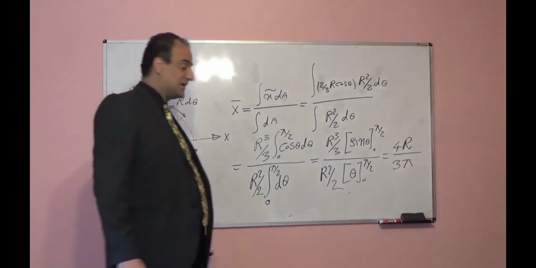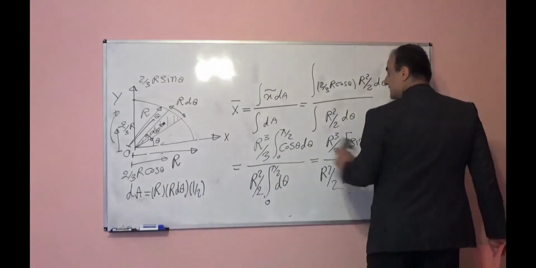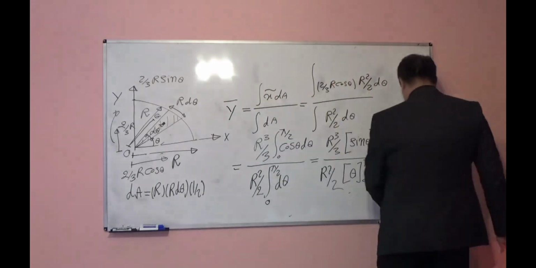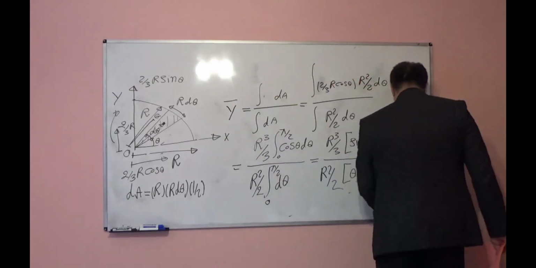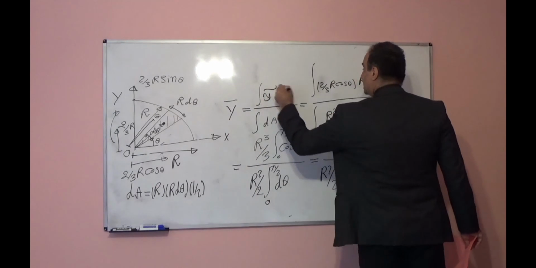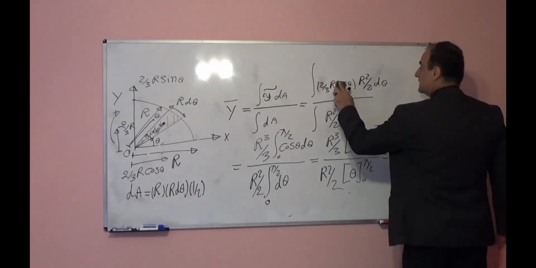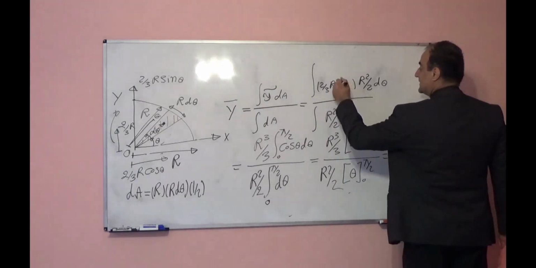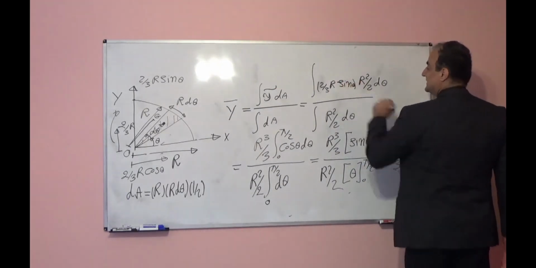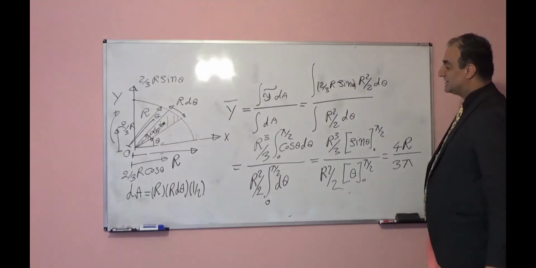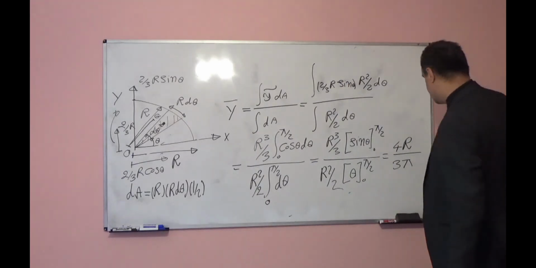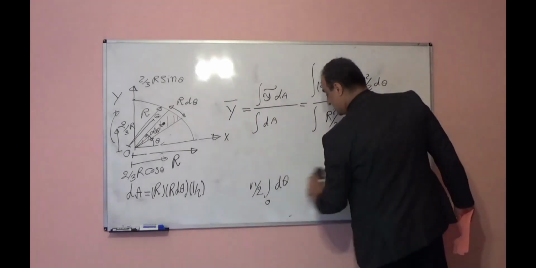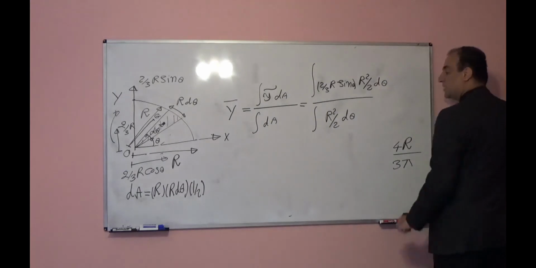For y bar, again, instead of x tilde you will plug in y tilde. So instead of 2 over 3 r cosine theta, it will be sine theta. If you integrate that, after integration the final answer, again, will be 4r over 3 pi.